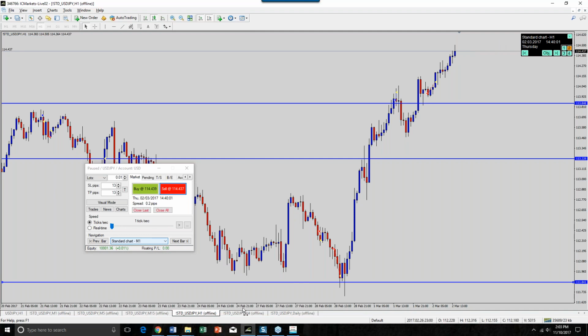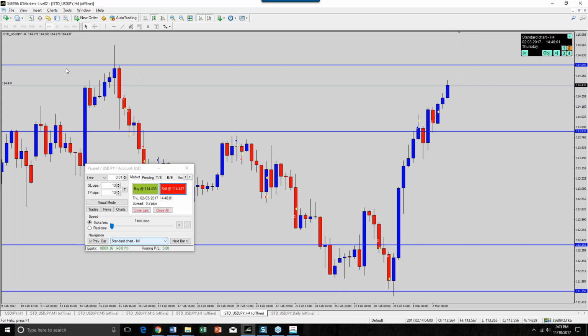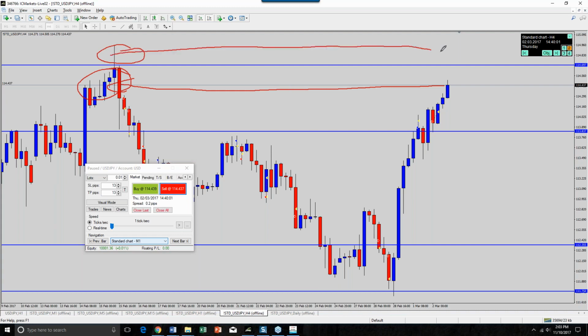So now what I have to be aware of is, where are we in the overall charts? And now when I go into the 4-hour, what I'm looking at once again, this area here. This area here, that's what I'm looking for at that point.